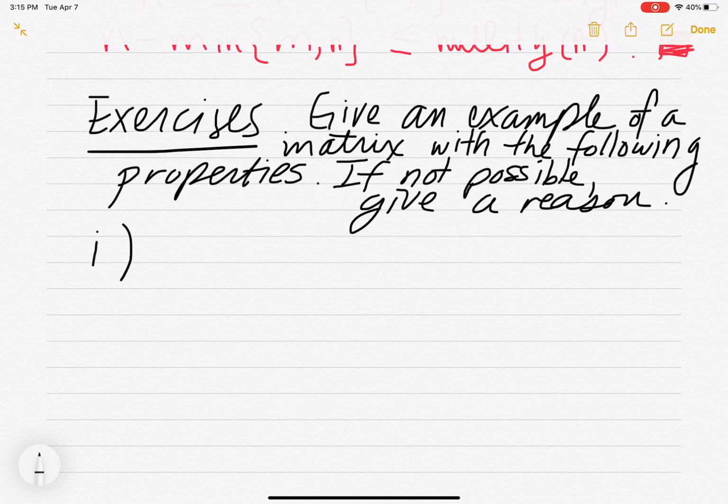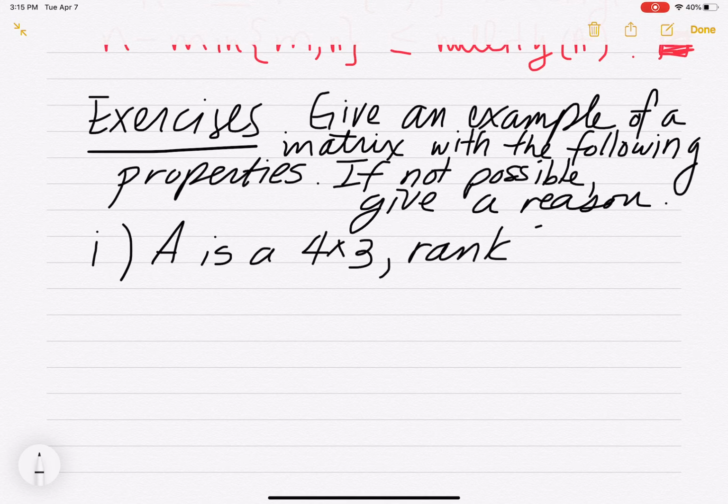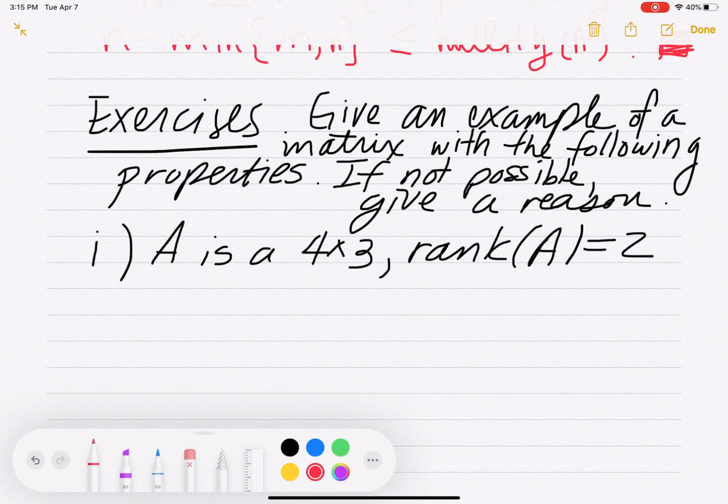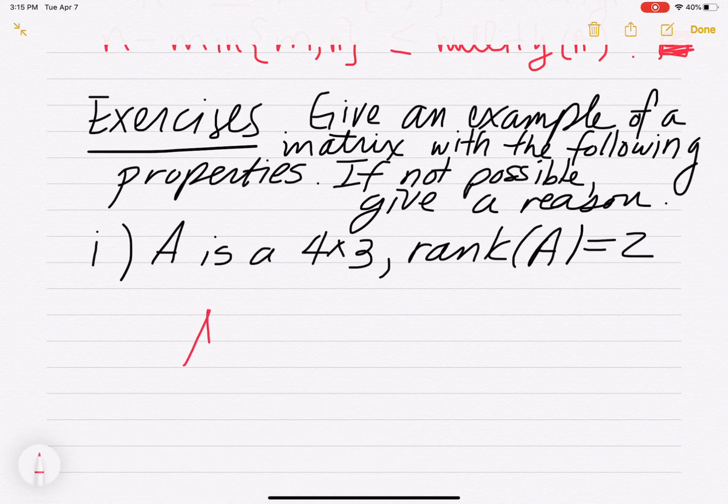All right, number one. A is a 4 by 3 matrix, and the rank of A should be 2. So all you have to do is come up with a matrix. We're going to call it A. It needs to have 4 rows, 3 columns, and it has 2 pivot columns.